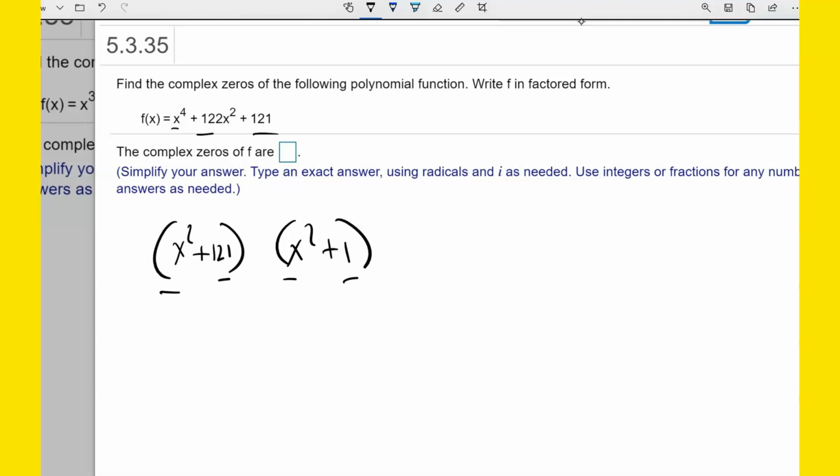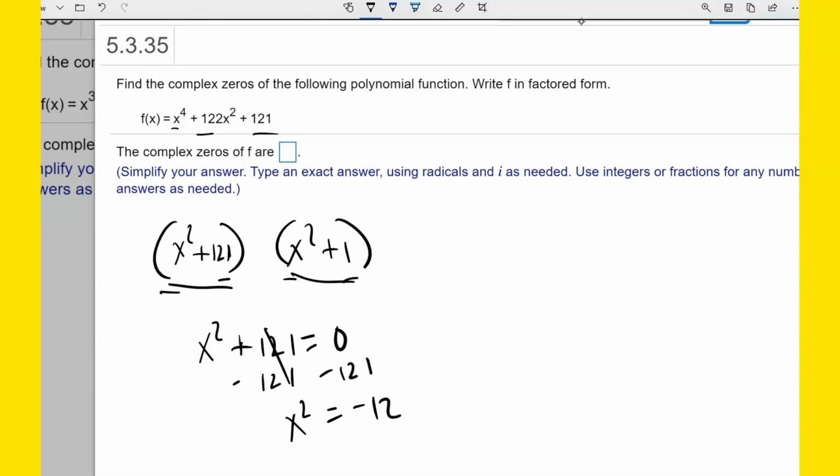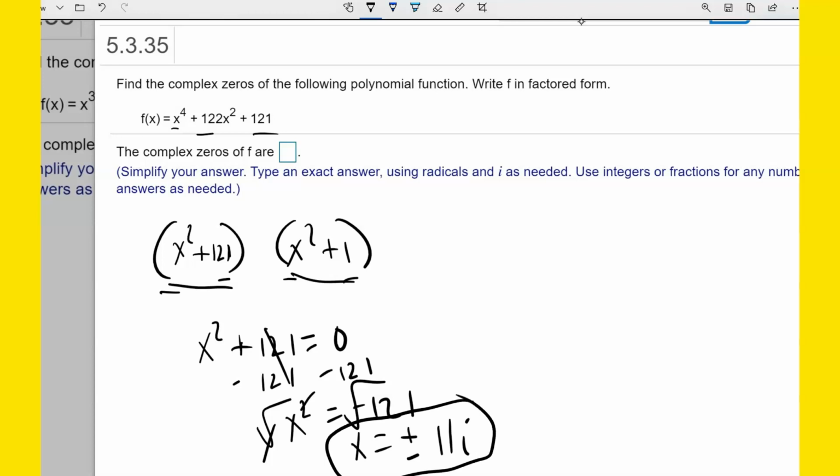Okay, so now that's how I can factor it, and then I can set this equal to 0, set this equal to 0. So x squared plus 121 equals 0. I'm going to solve this just using good old algebra, the square root method. Square root both sides now. So x equals plus or minus 11i, since 11 is the square root of 121.